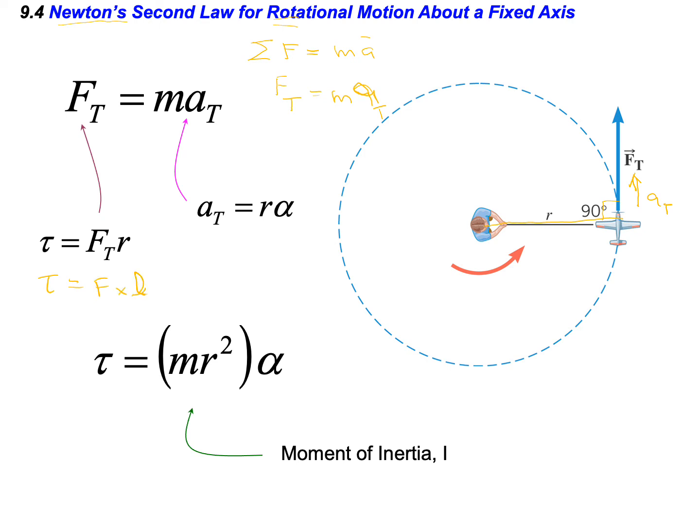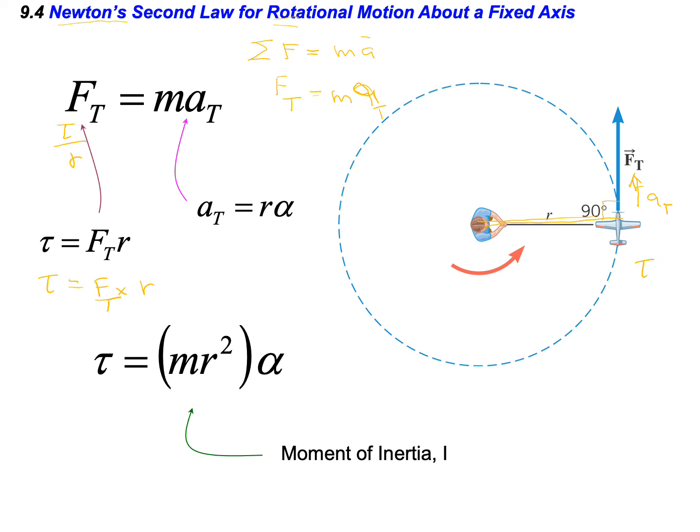The lever arm is the perpendicular distance to this tangential force, R. So instead of Ft, I can write torque equals tangential force times R. Then I can solve for tangential force Ft, which is equal to tau over R.